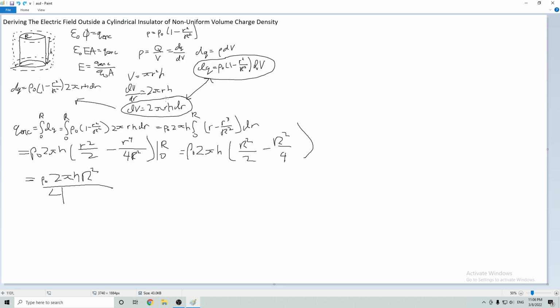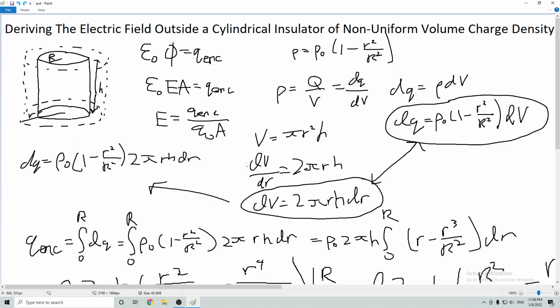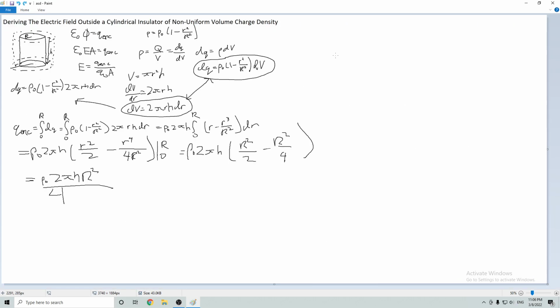Alright, so now we're going to go back to Gauss's law right here. The electric field is equal to Q enclosed over epsilon naught times the Gaussian surface area. So now I'm just going to rewrite that here. E is equal to Q enclosed over epsilon naught A. And we know that Q enclosed is equal to rho naught 2 pi h big R squared over 4.